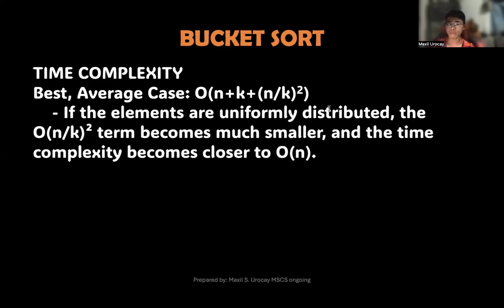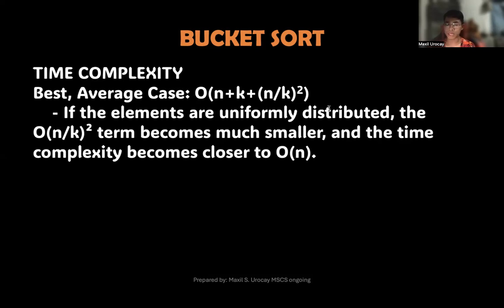Commonly, the time complexity for sorting one bucket is big O of m squared. So if the elements are uniformly distributed among the k buckets, the average number of elements in each bucket is n divided by k. Sorting each bucket would thus take O of n divided by k, squared.